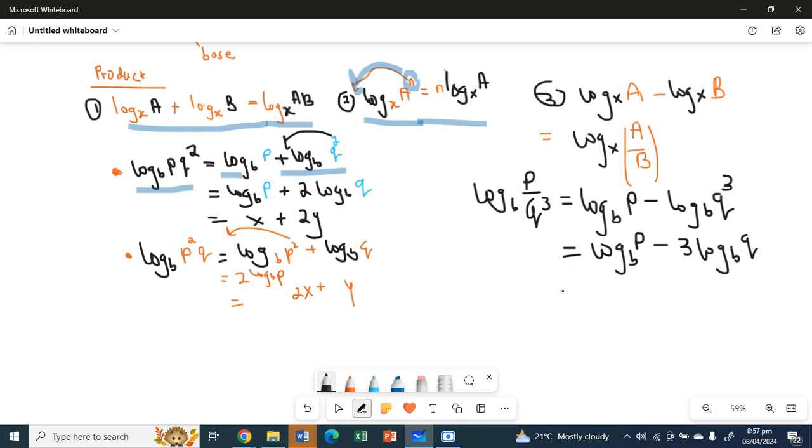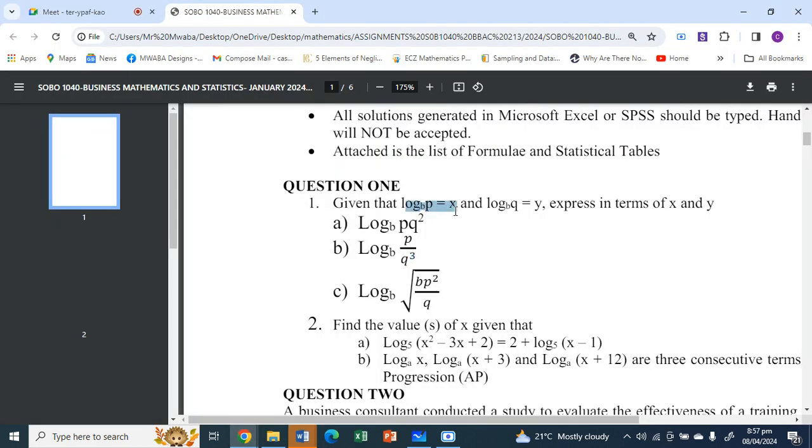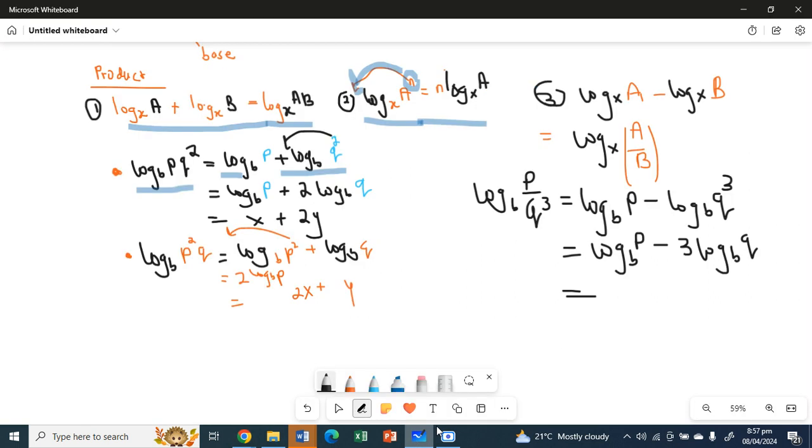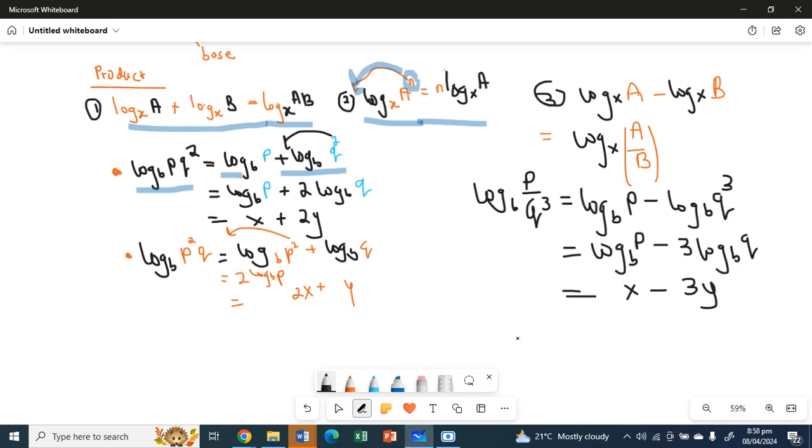And then we can substitute. Log b p according to the question is what? Let's see, log b p was x if I'm not mistaken. Yes, log b p is x, log b q is y. So we say x minus 3y. Any questions?